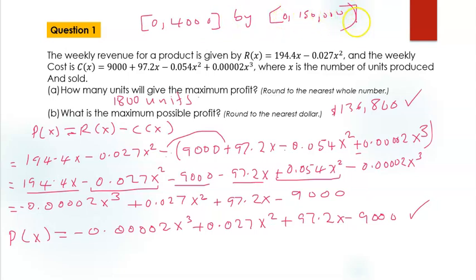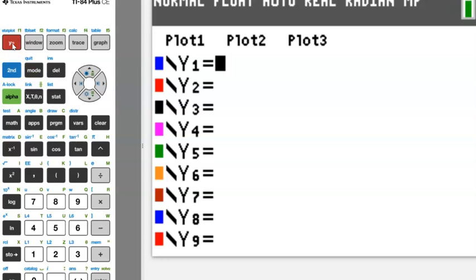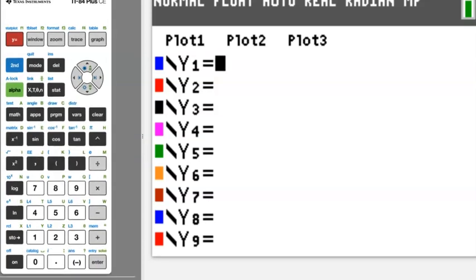So when we go to TI-84, we apply the same technique. We go to y equals and type the equation here, which is negative. In this particular case, you must be careful how you type your values, because it is negative.